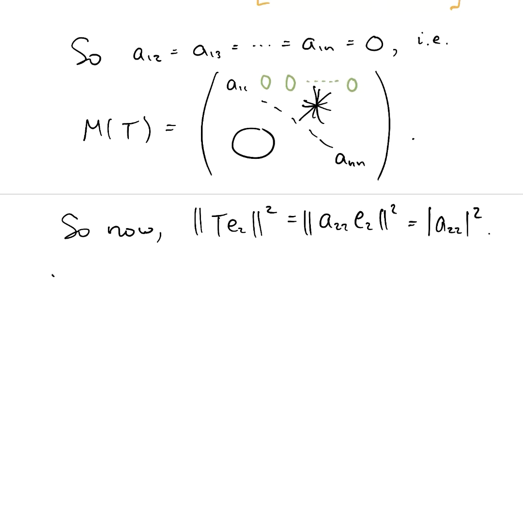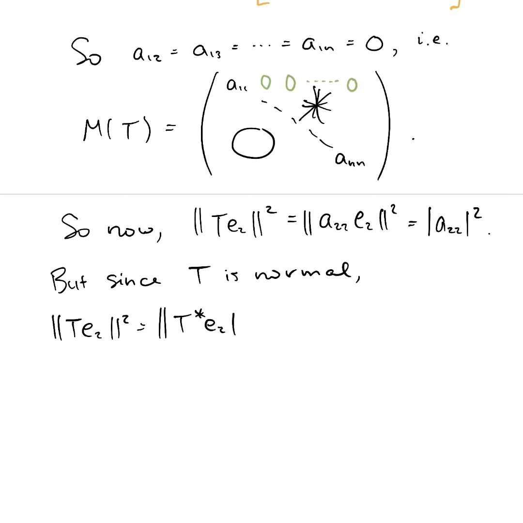Okay, but now it's just Groundhog Day. On the other hand, since T is normal, if you were interested in the norm of TE2 squared, you know that's the same as the norm of T star E2 squared.